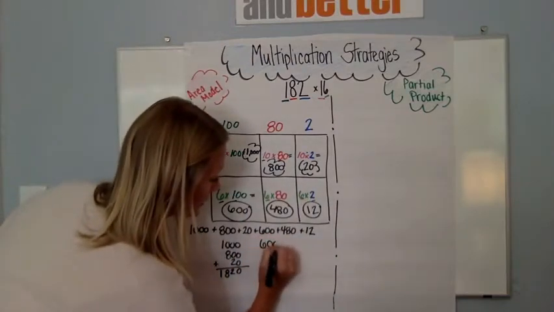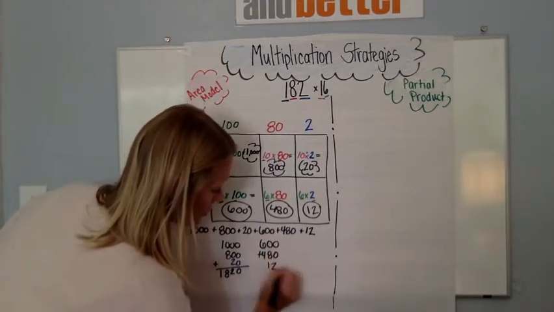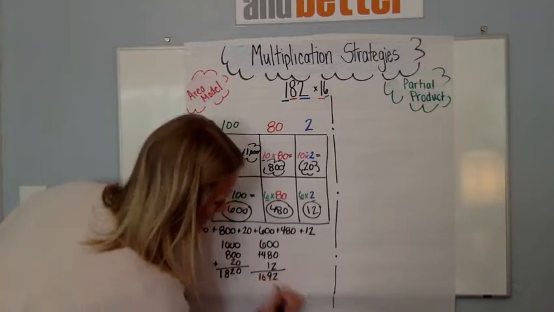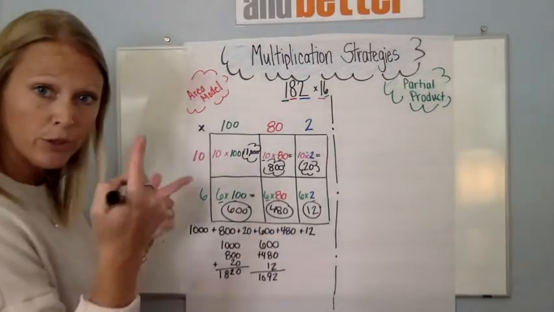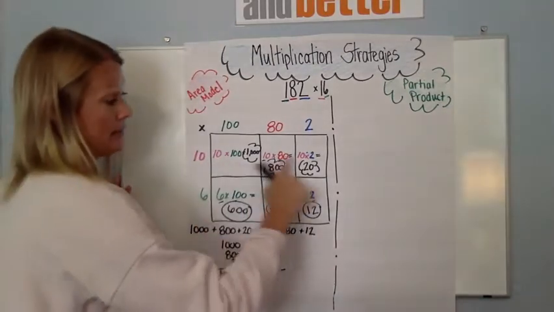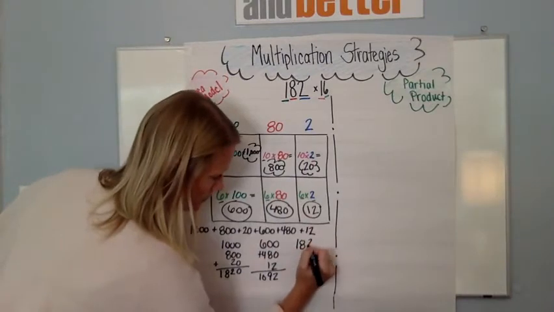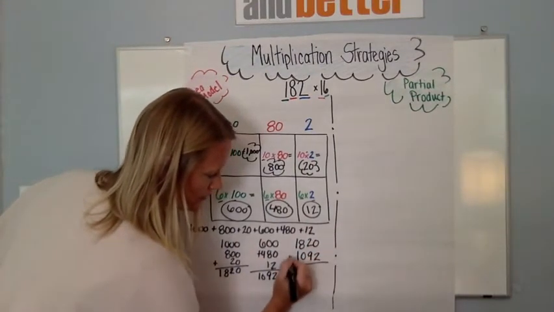Now I'm going to multiply everything in my ones place value. I'm going to add 600 plus 480 plus 12. So I get 2, 9, and 10. So I have 1,092. Now I'm going to put those two together because I'm adding my tens place value and my ones place value together. And 1,092.